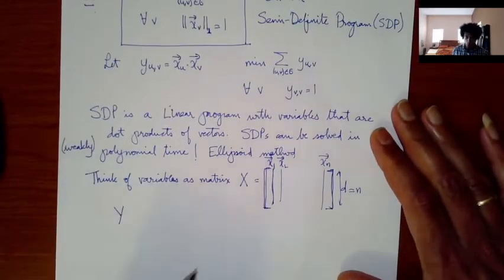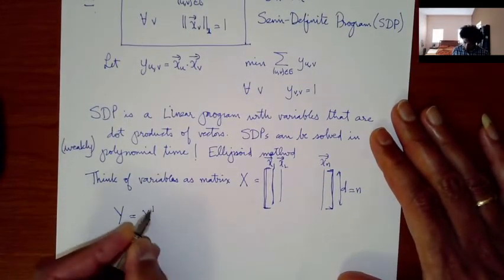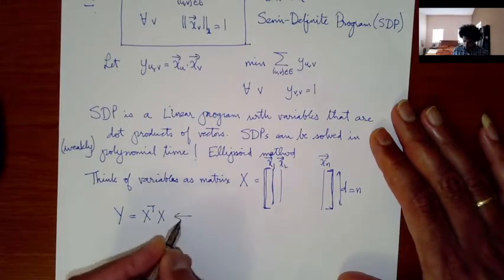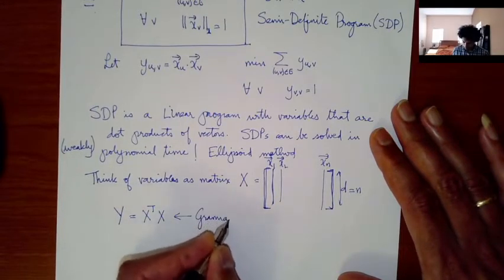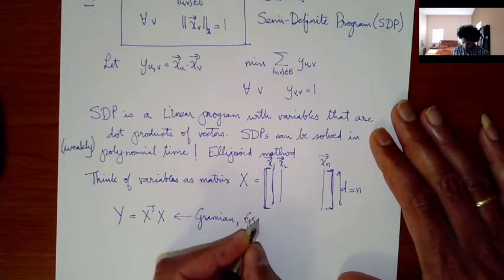Now, the matrix Y is X transpose X. And this is called the Gram matrix, or the Gramian.